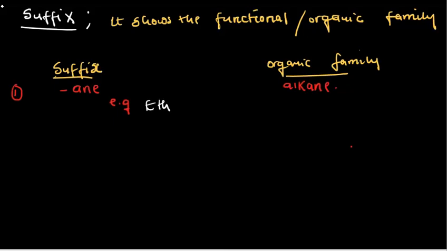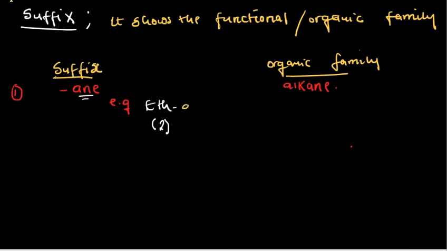This is the beginning, so we know this one has how many carbons? 2 carbon atoms. So we said eth, it means it has 2 carbon atoms, and then we add the ending, which is A-N-E.